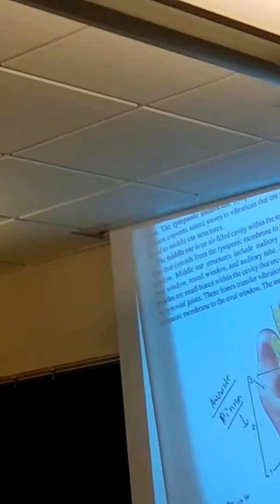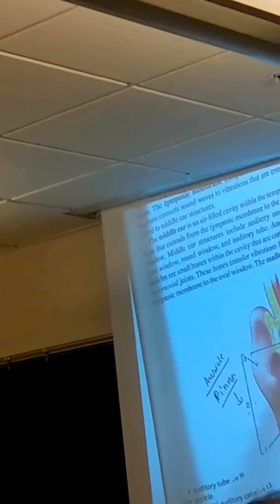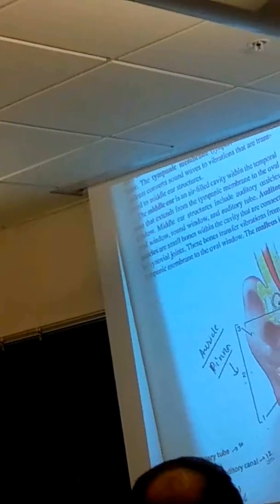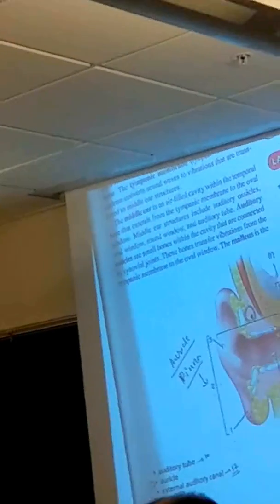So the pointer is here: malleus, incus, stapes. What is this? External auditory canal. What is this? Eustachian tube. What is this? Auricle. This is the helix. This is the pinna. What we call the lobule. We call it the pinna also.